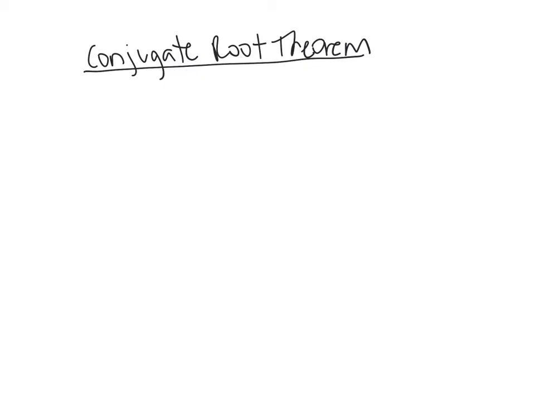And the conjugate root theorem deals with taking the square root of certain values, and it states that roots have to come in pairs. If a plus square root of b is a root, then automatically I need to have the counterpart: a minus square root of b must be a root.